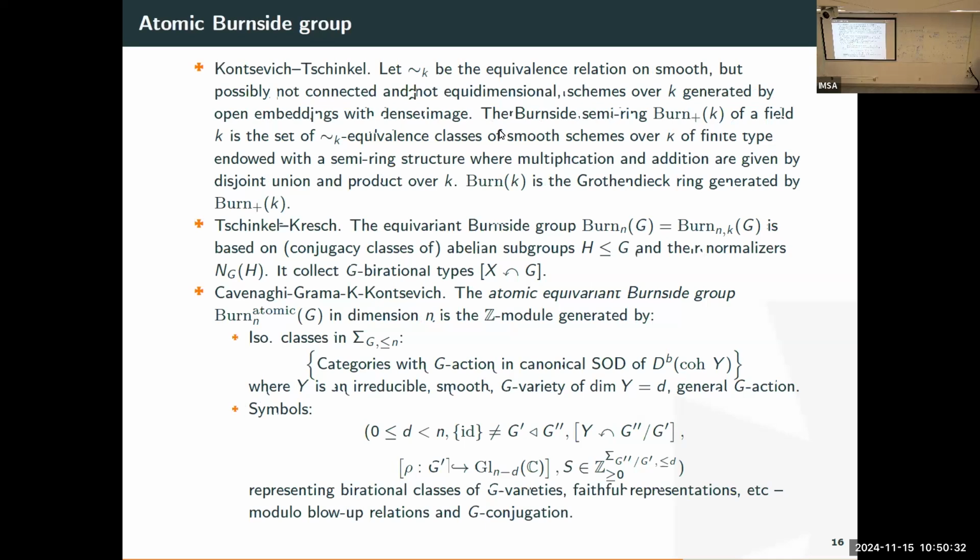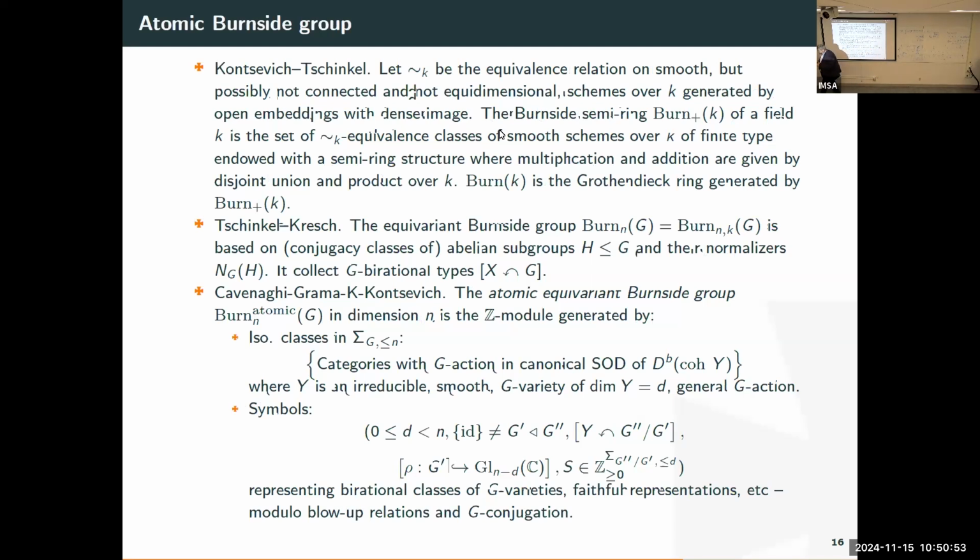You take a ring, the generators of which are the local behavior of your fixed points, and then you mod out by all birational relations, and so that's what your Burnside ring is.